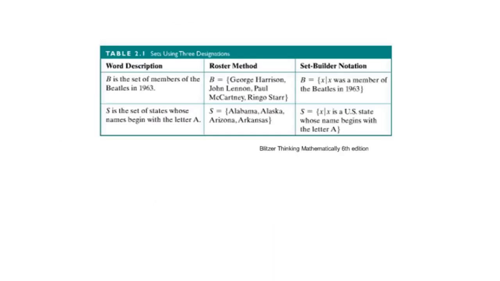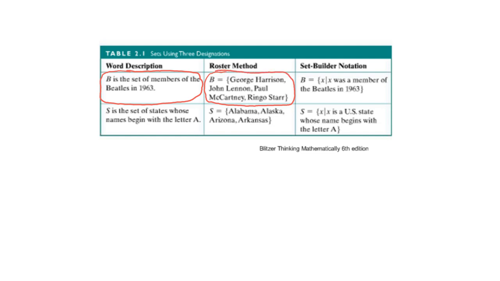This slide here is just giving you 2 different examples of word description, roster method, and set builder notation. So we'll just talk about the first one, and you can review the second one on your own. The first one for word description, it says B is the set of members of the Beatles in 1963. All right, so that is your word description. Remember, we're just using words to describe our set B. The second one is B is equal to, and it has the listing of the members of the Beatles from 1963.